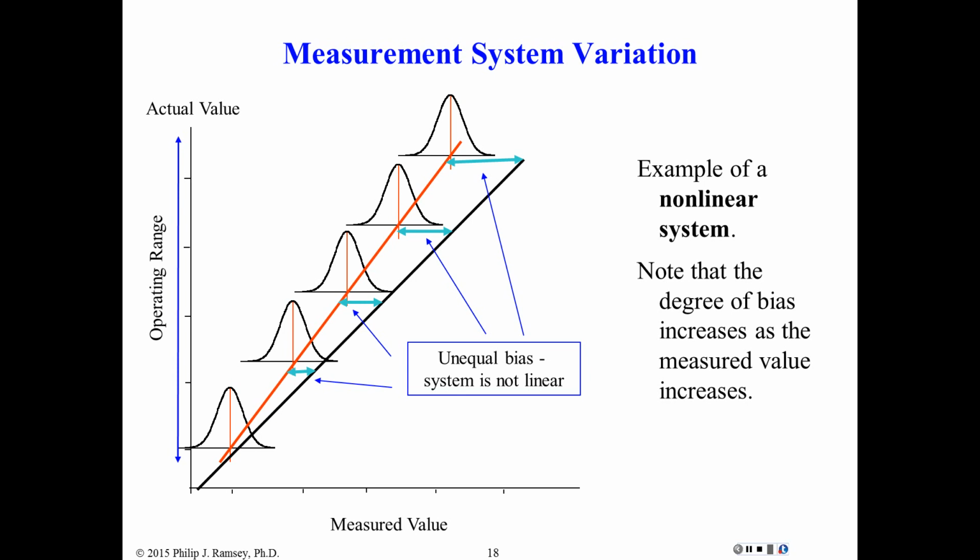Okay. We're not going to get really much into linearity in this discussion. It's not typically looked at closely in many Six Sigma studies, but you can assess it. The key is, if you want to assess linearity, then you've got to have known standards or references.